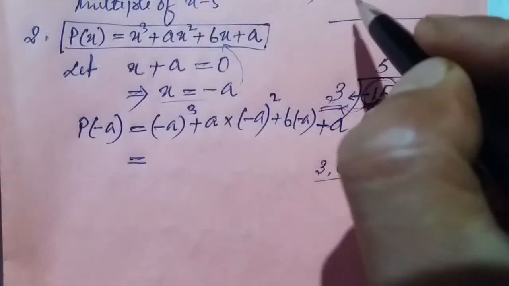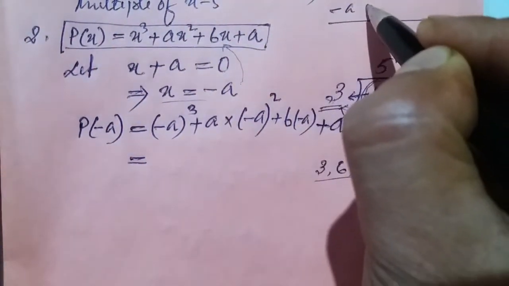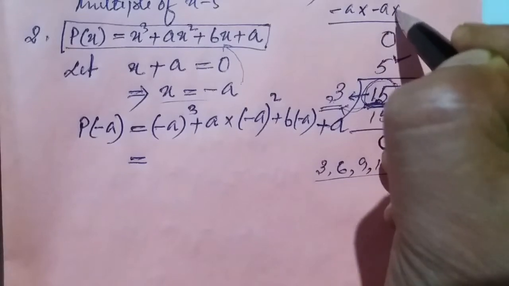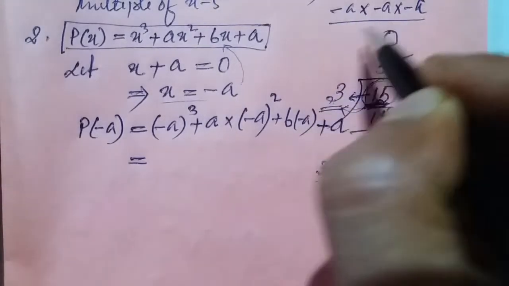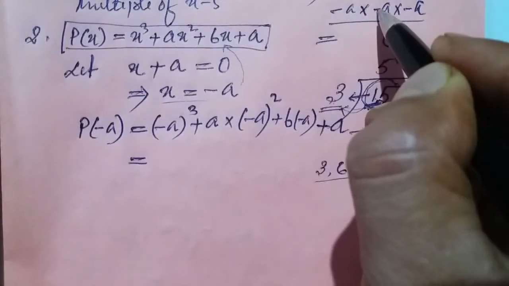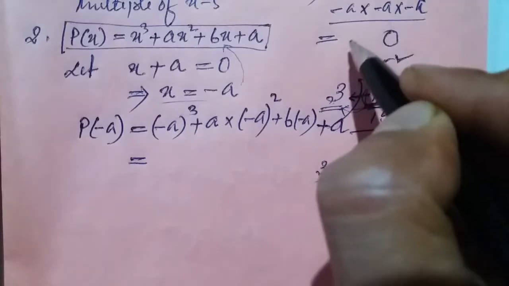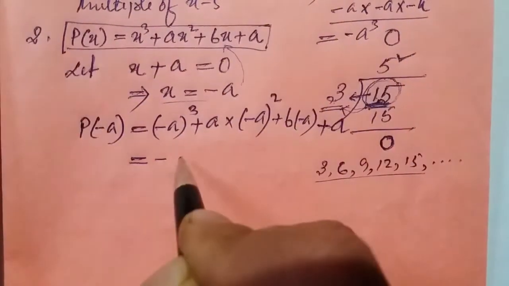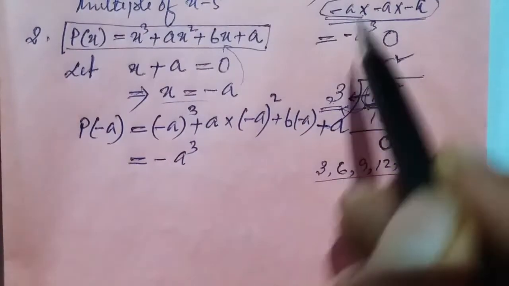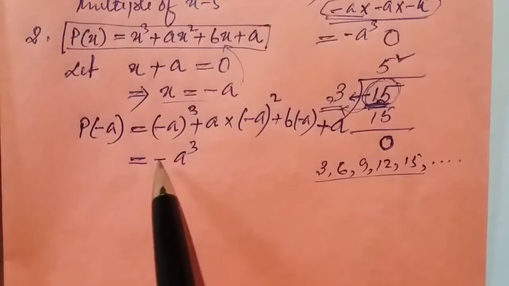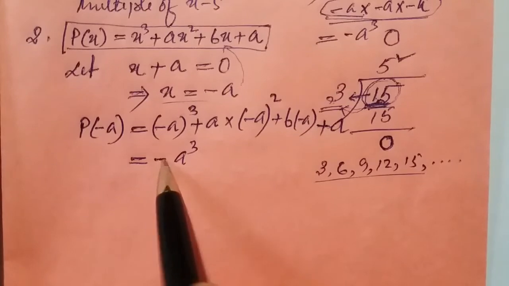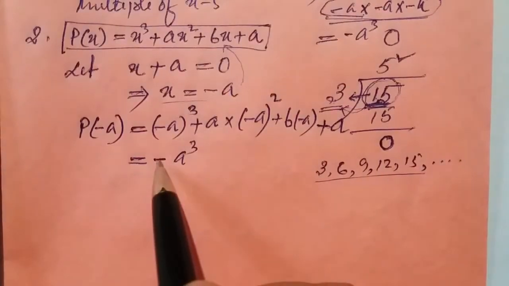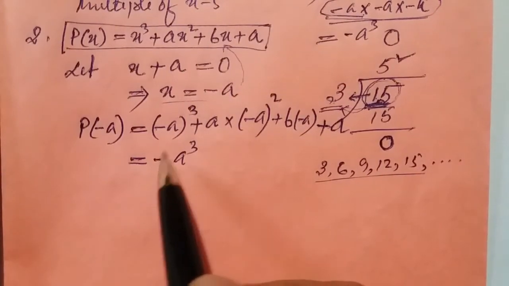So minus a cube is minus a into minus a into minus a. So this is minus a into minus is plus, plus into minus is minus. So this is minus a cube. If the power is odd number, then you know that the answer will be minus. If the power is even number, it has to be positive number here, plus.